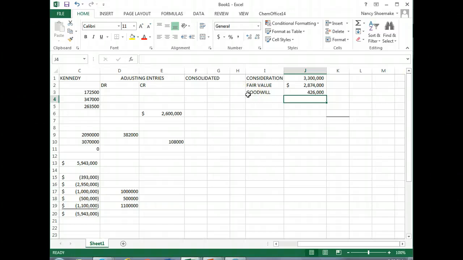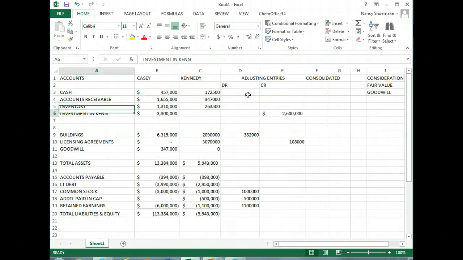Isn't that the goodwill? Because it's in addition to what we paid for it. The fair value assets are just $2,874,000. But we paid $3.3 million for it, so it's got to be something. It's going to go to goodwill. So this $426,000 we need to create as an adjusting entry over here.